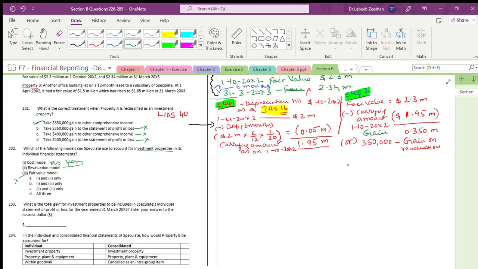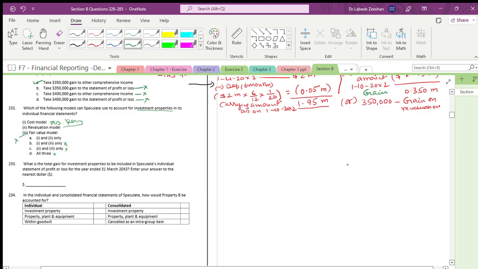Okay, answer is this, 1 and 3. Revaluation is not there, fair value is not there. Here also fair value is not there. All three are not there. Is it right?